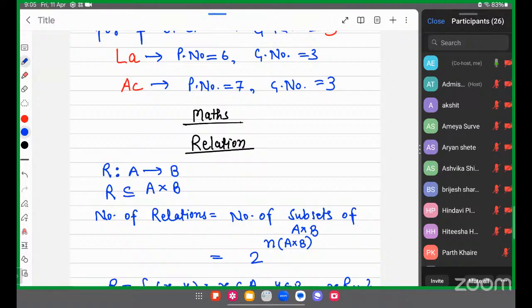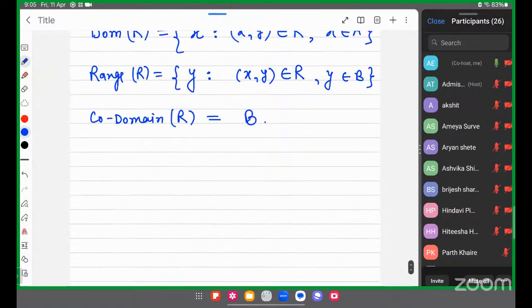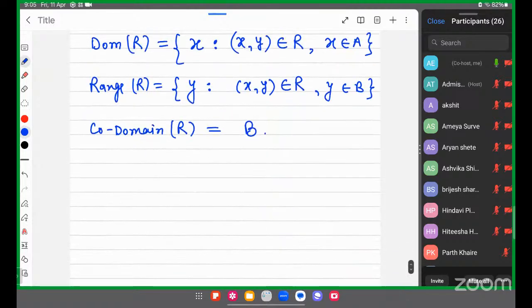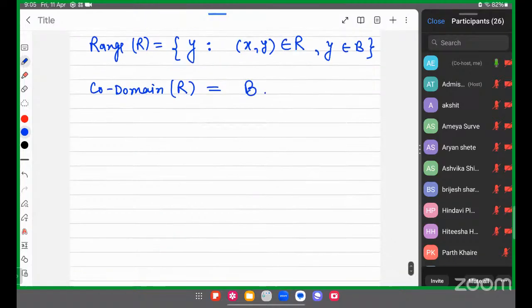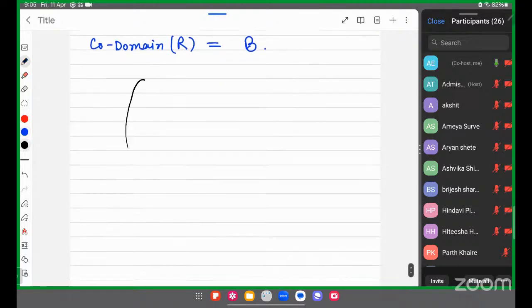So you have to keep in mind, if it is a relation, you have to check whether all the elements of set A are related or not. If there are a few elements which are not related, we cannot take that element into the domain. For example, let's say I have a relation represented in an arrow diagram.